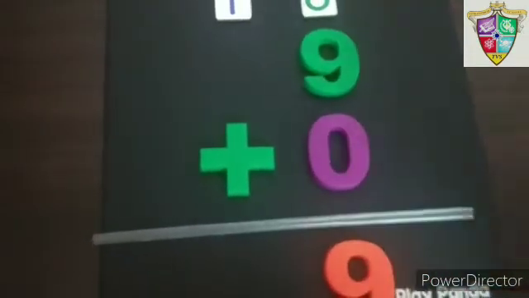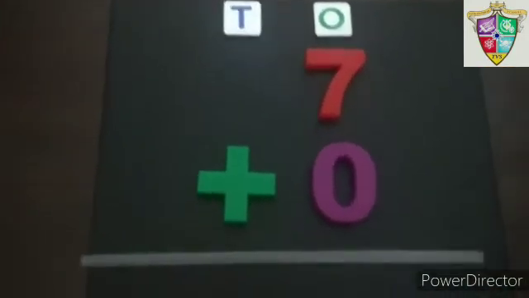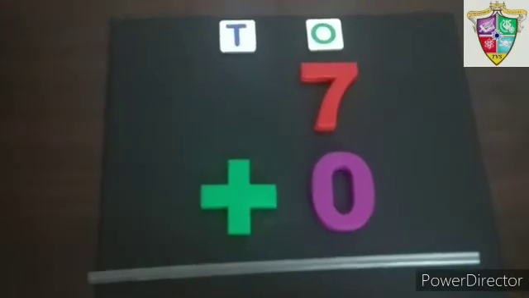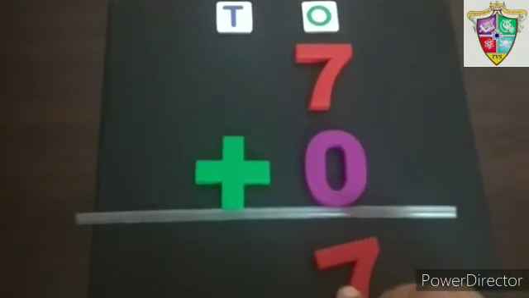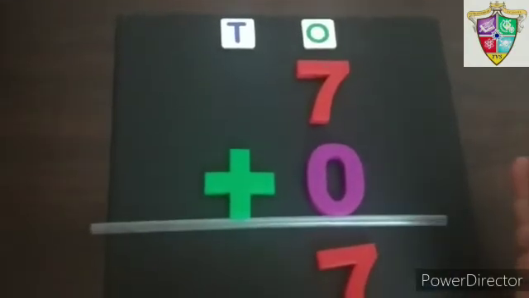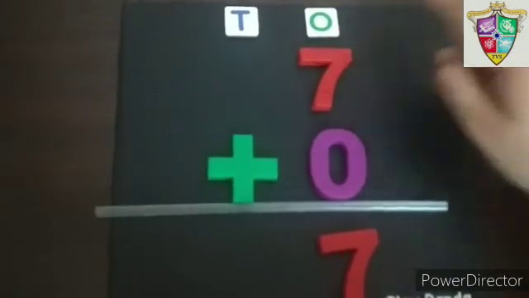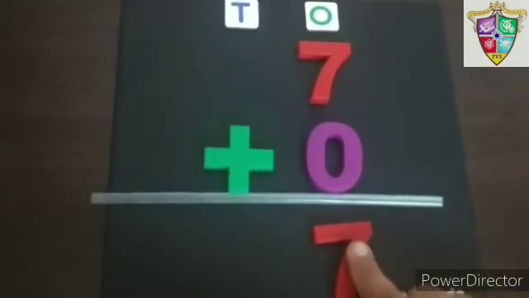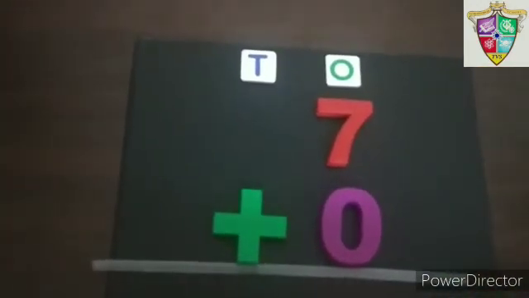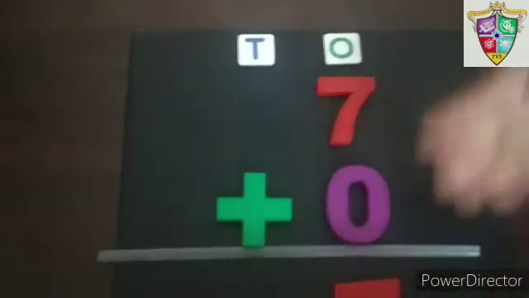In case I remove 9 and put 7 here, and I ask you 7 plus 0, the answer will be 7 only. Correct? You need to remember this. If you add 0 to any number, that number will remain the same. Class, you can solve n number of questions by using this trick.